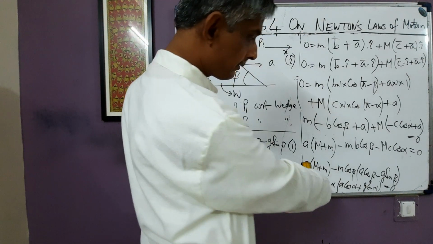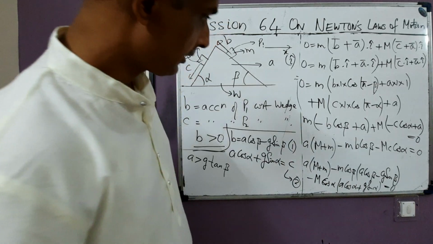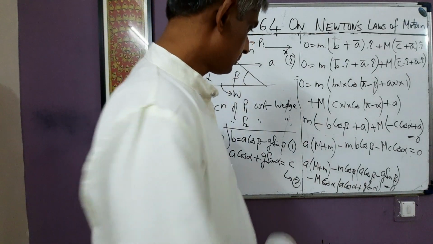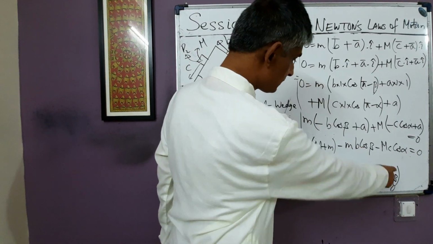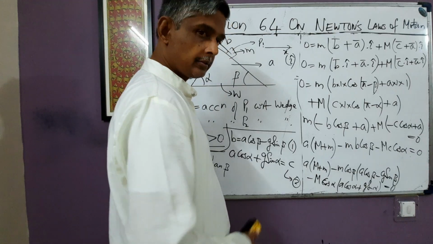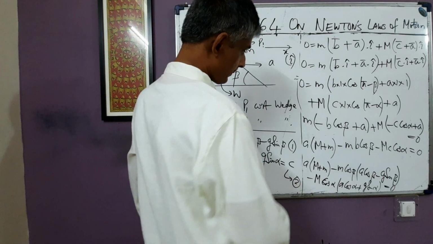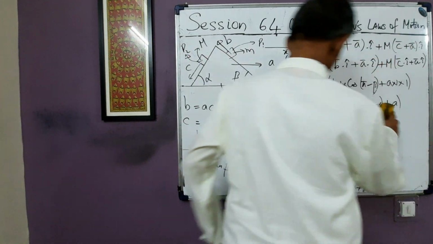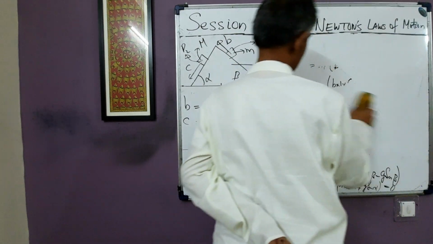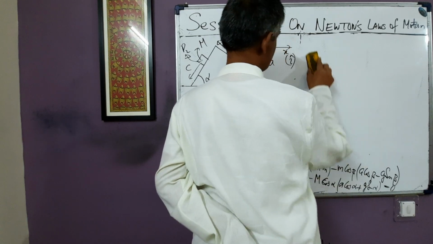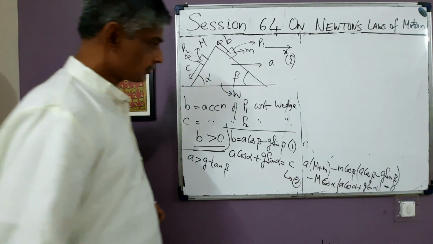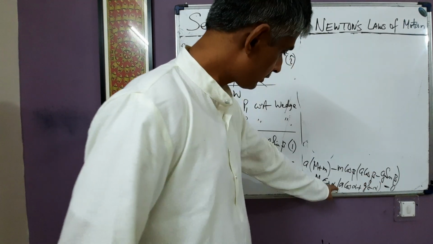Okay, now what I do, I rub all this. Okay, till here I have written it, the equations. Alright, fine. So cos beta I replace this, b I replace by this, and c I replace by this. Okay, alright, I rub all this. Okay, so now I take a common here also.